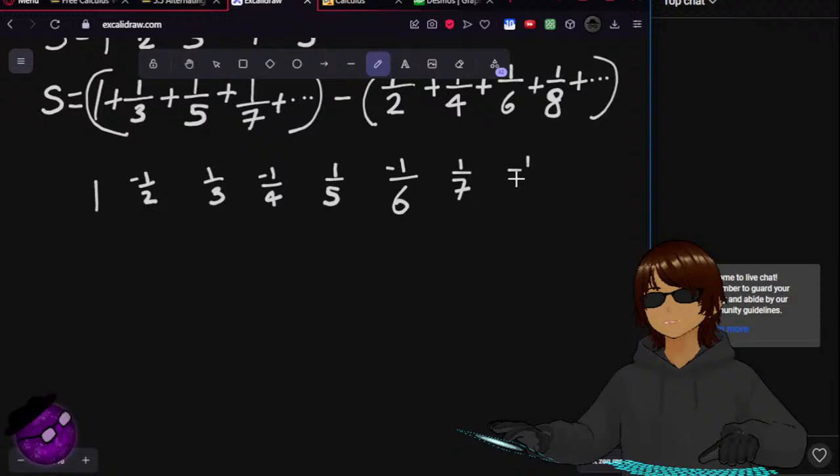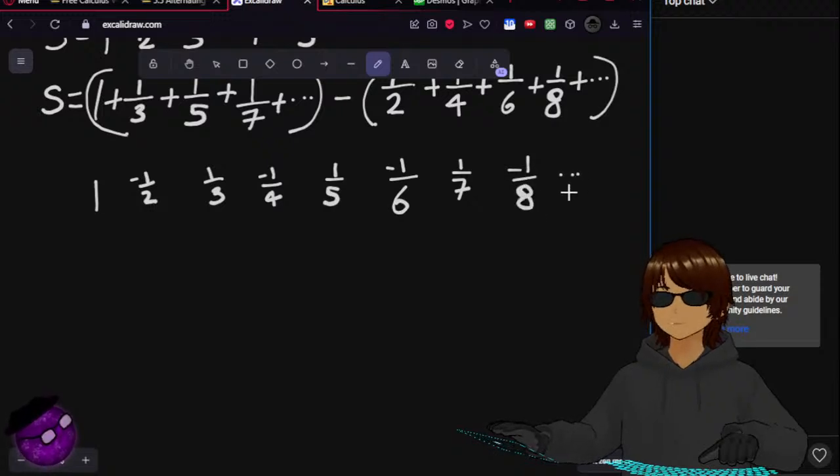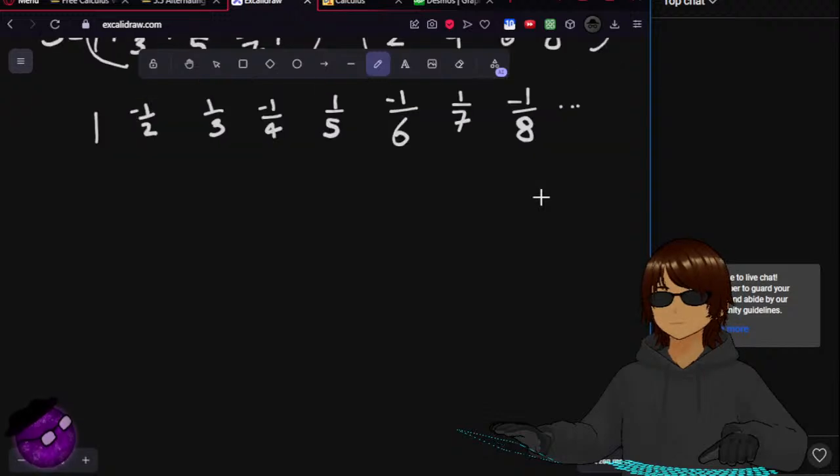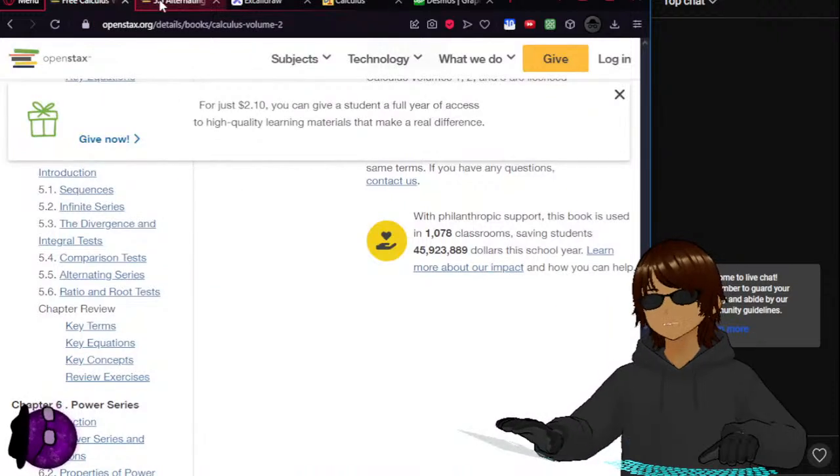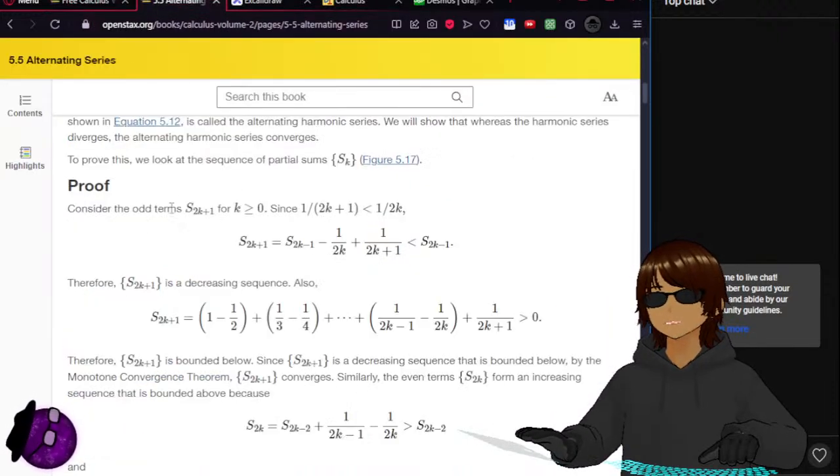The odd ones are all minuses. We consider the odd one and then the previous odd one. So is this sum to odd one? Consider the odd terms. Sequence of 1.